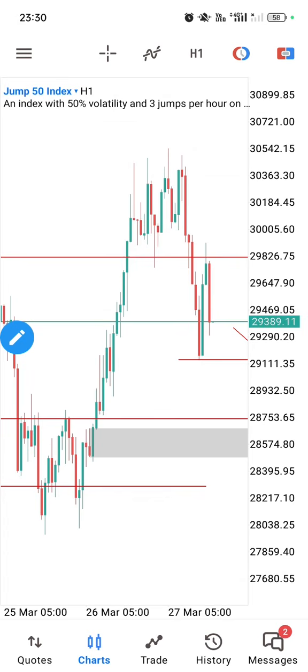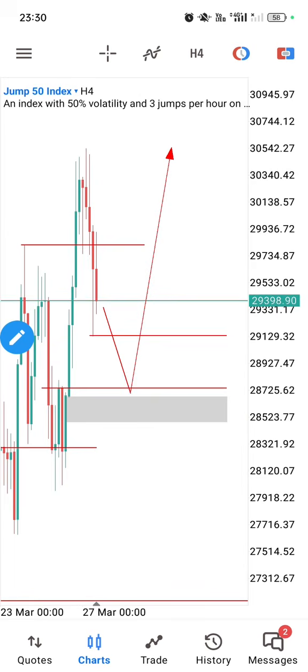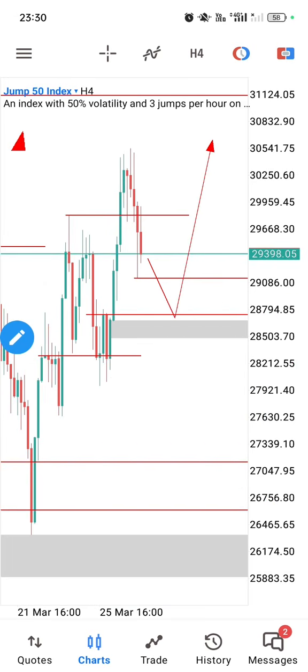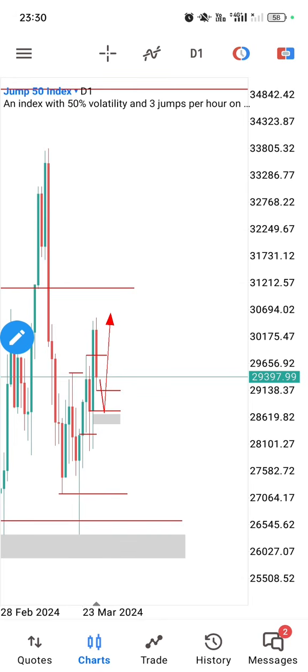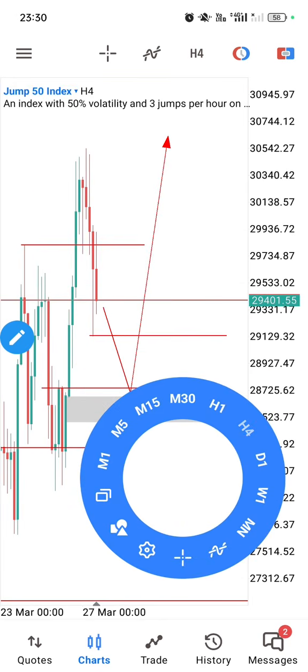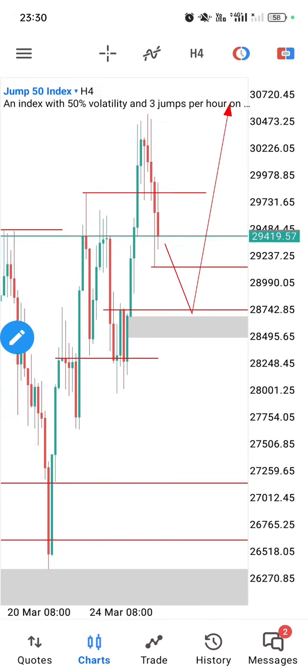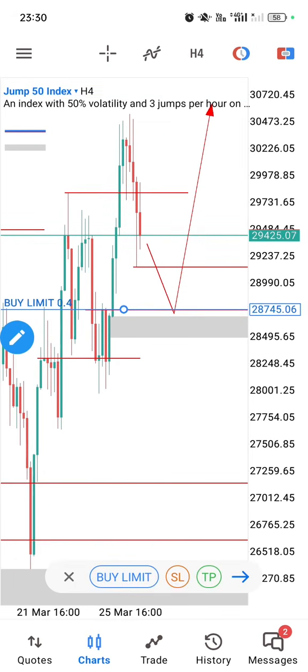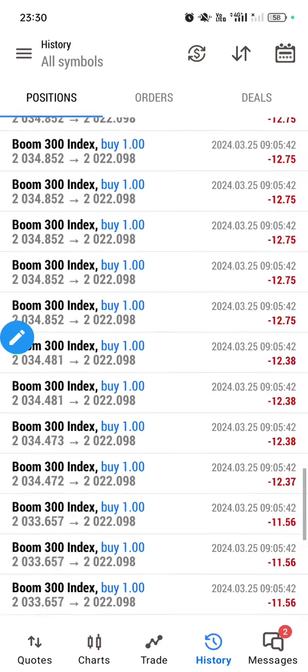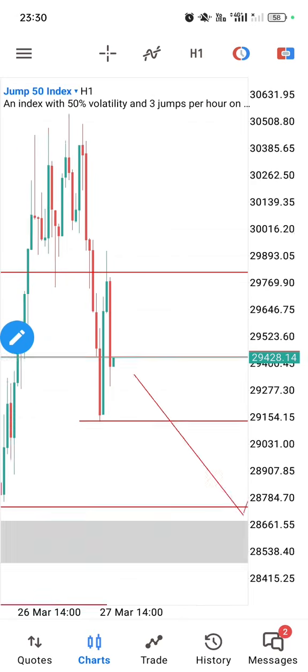This is our kill signal, and we're going to be placing the buy limits at the rejection block or the 4-hour order block, precisely at that zone. So this is me placing the zone, and this is me placing the buy limits, or the trades.